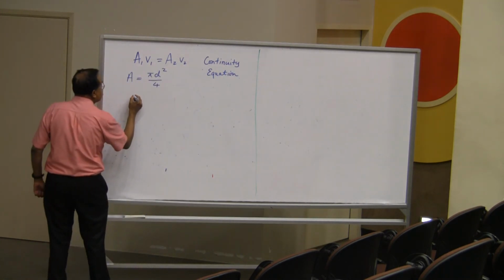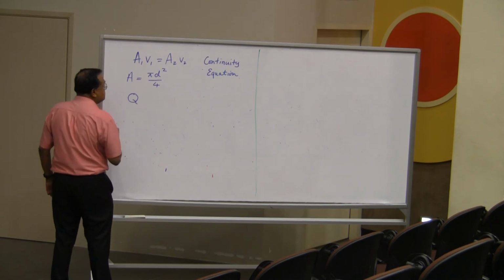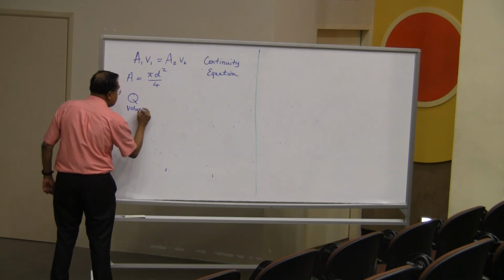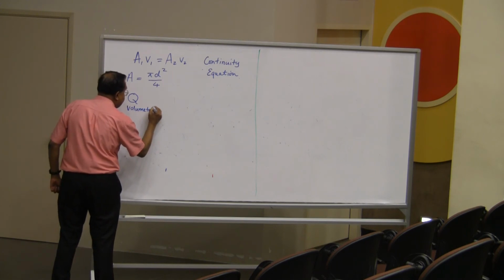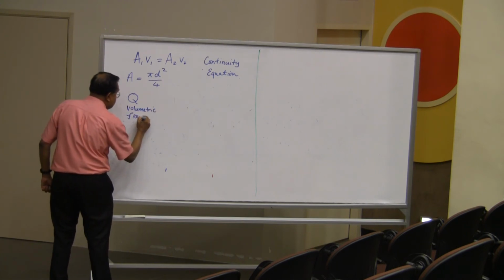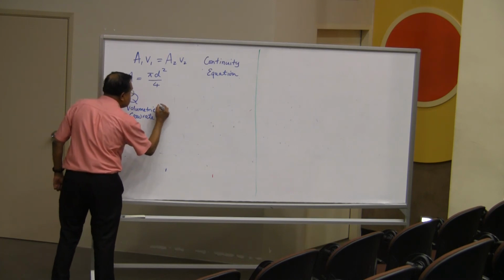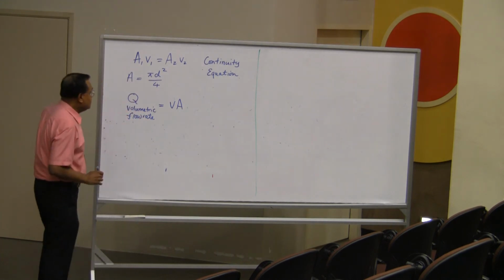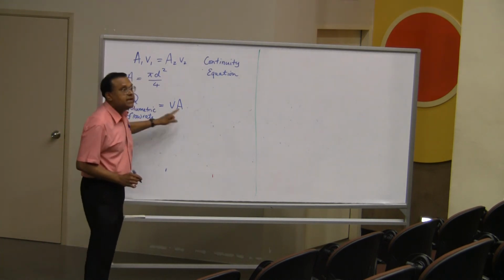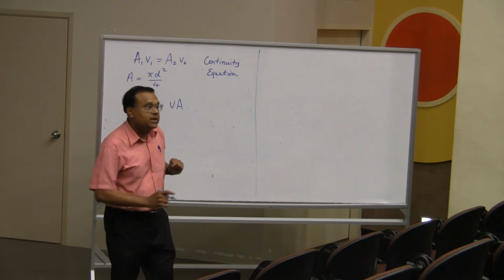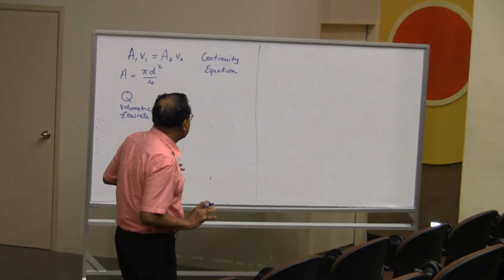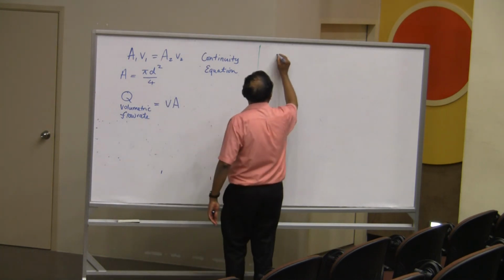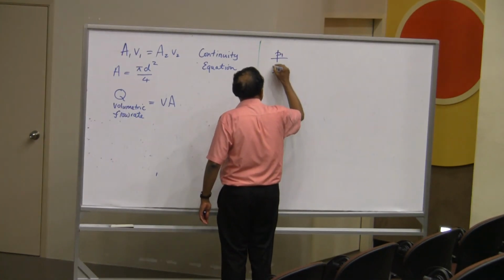In addition, you must know that Q in fluid mechanics, remember Q is volumetric flow rate, is equal to V times A, the velocity times the area of the fluid. Okay, so this is expected of you. And the next thing that you need to know is the Bernoulli equation along a streamline.